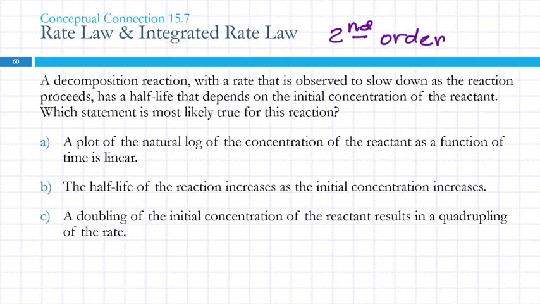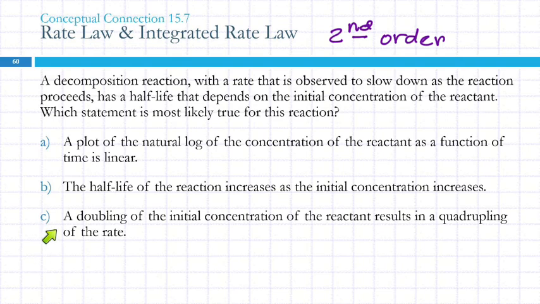Now we can better look at the choices. Natural log of concentration versus time is linear. Is that true for second order? No. What's that one true for? First order. The half-life increases as the initial concentration increases. My brain says, I don't want to think about that one.